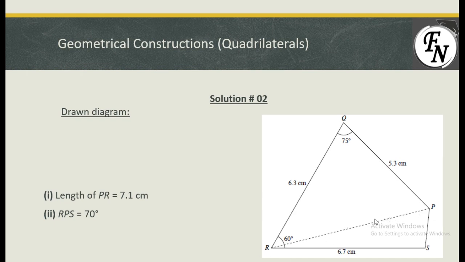You can make a full line as well, and then you need to measure the length of PR with the help of the ruler. In my case it was 7.1 centimeters. After that, we need to measure the angle RPS. This is R, this is P, and this is S. We can place our protractor here and measure this angle RPS. This angle turns out to be 70 degrees.